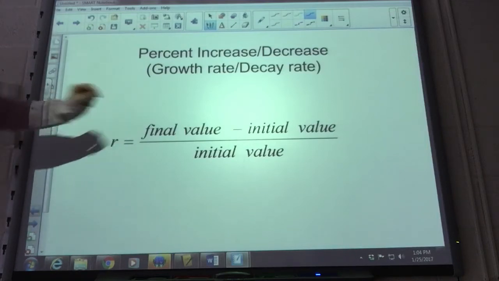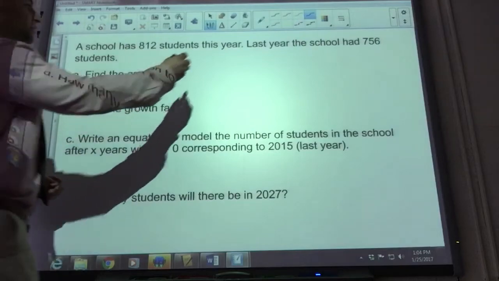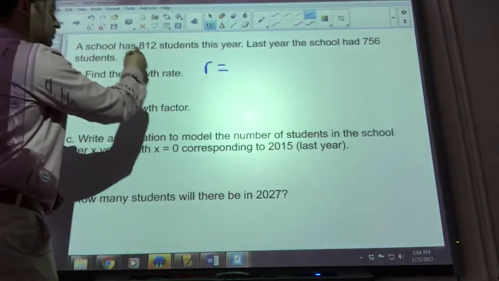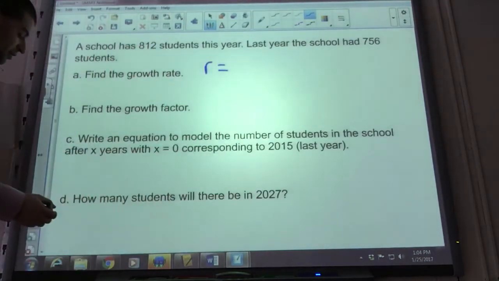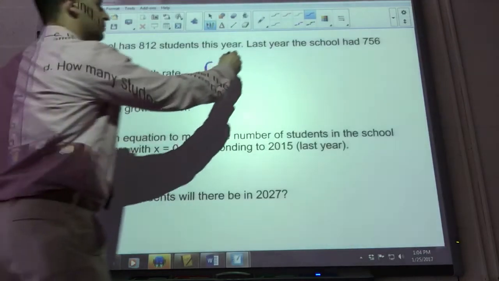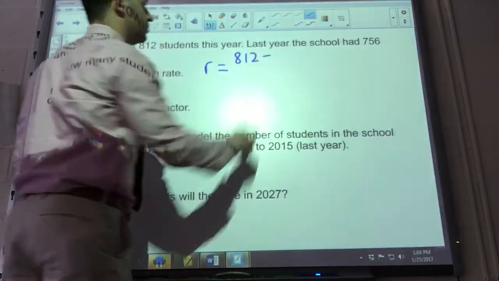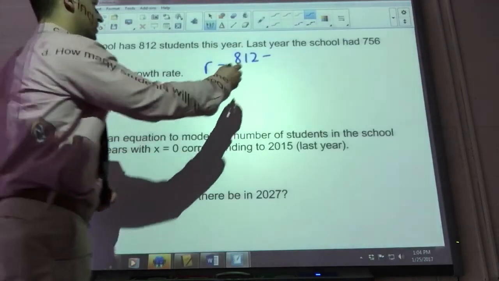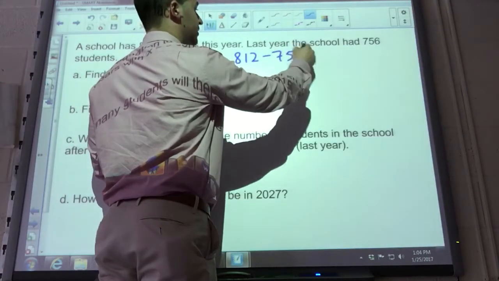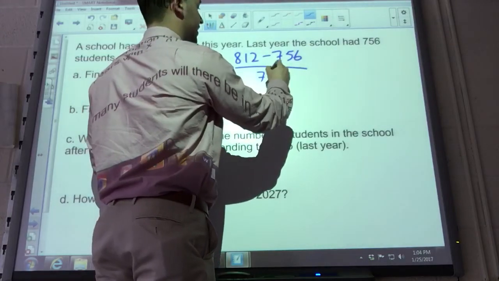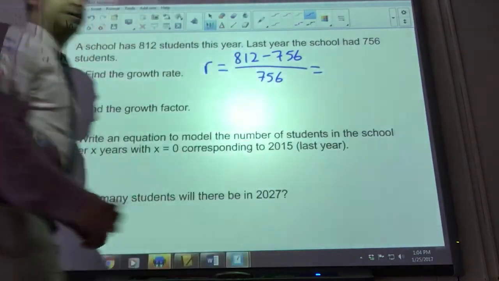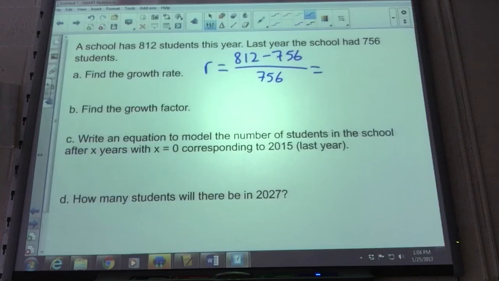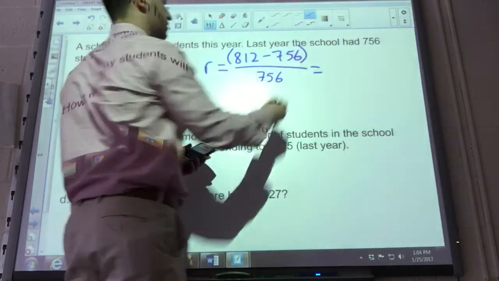But we're going to use this formula. R equals our final value, which is the newest value, minus our initial value, which is our starting value of 756 in this problem from last year, and again over the initial value. Simplify the top before dividing, or if you want to do it all at once, put the top in parentheses so your calculator doesn't do funny things.